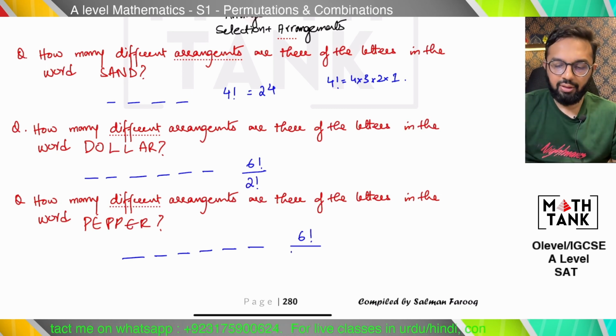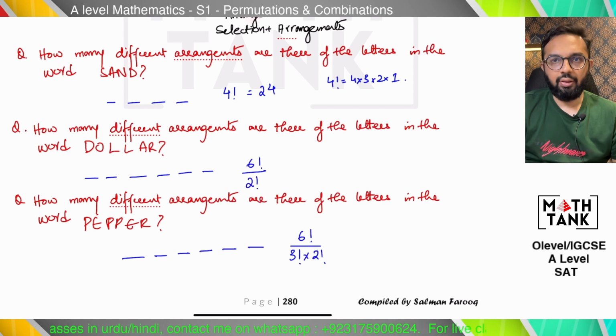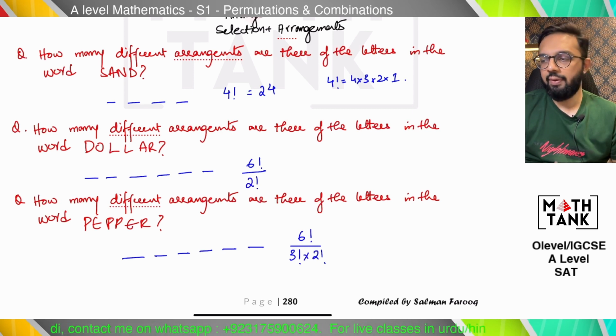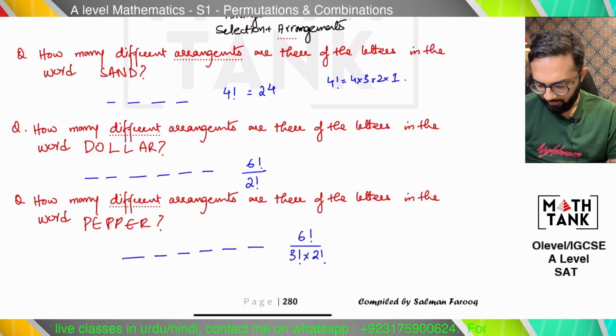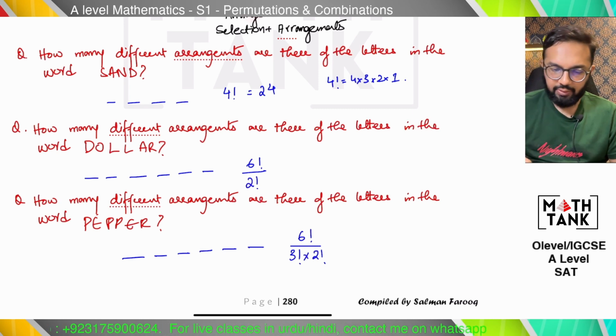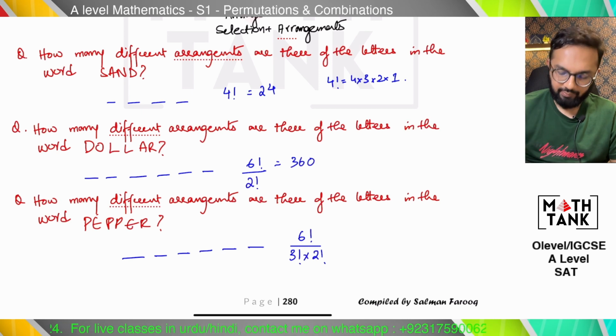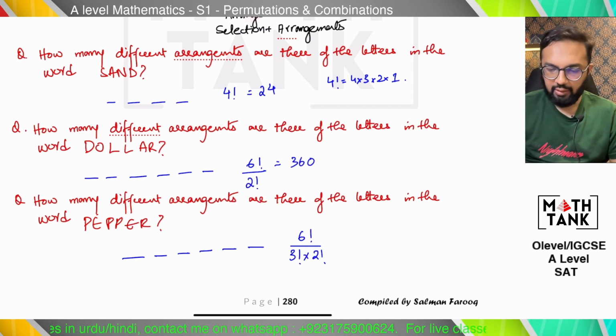P has 3 repetitions, so 3 factorial, and E has 2 repetitions, therefore 2 factorial. That should give me a final answer. The 6 factorial on top is 720, divided by 12, and this was 360, and this is 60.